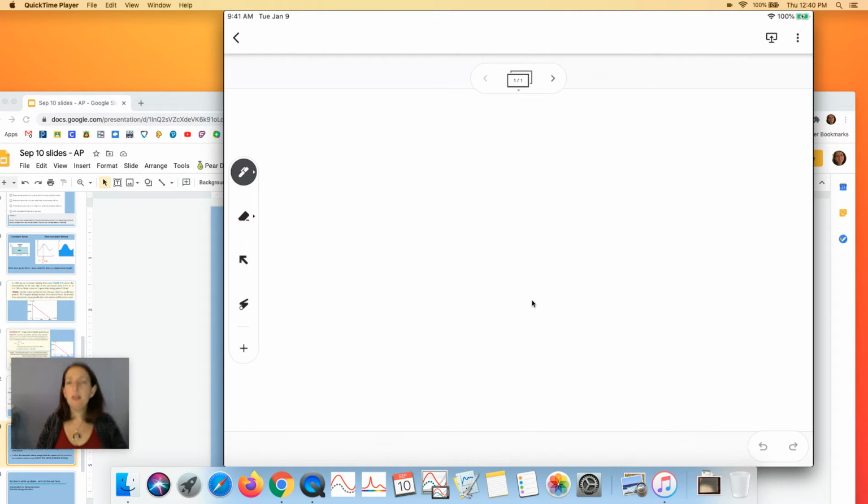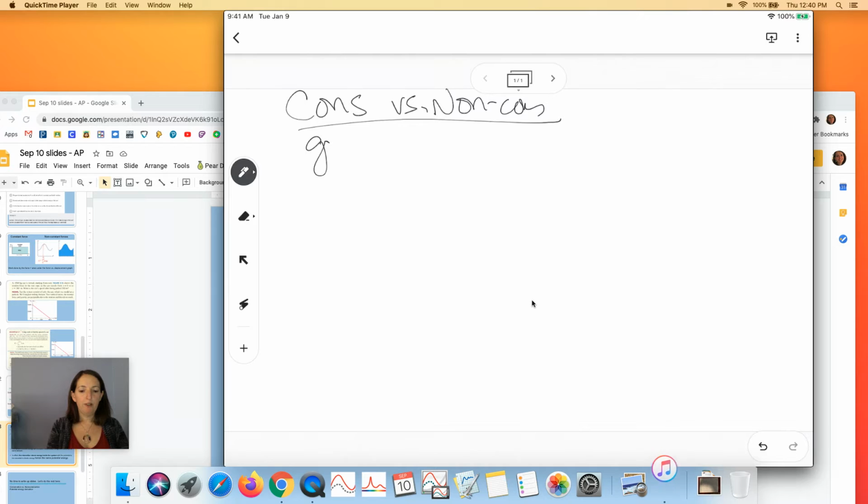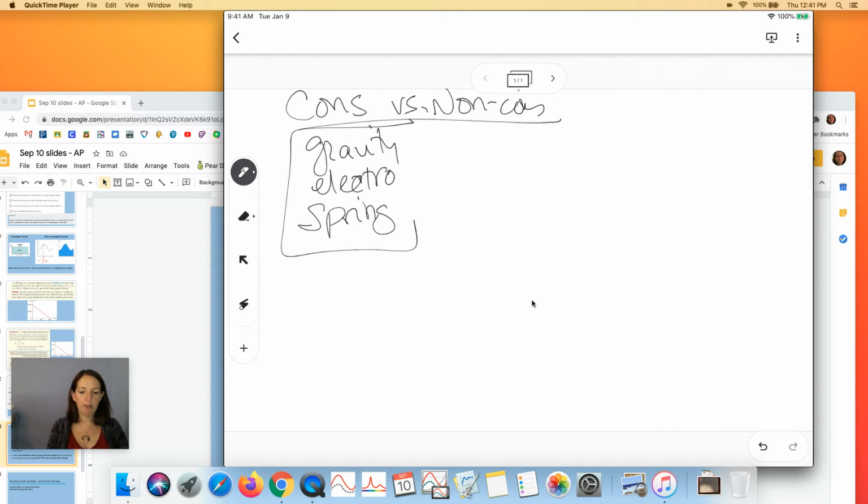So things I need to talk to you about: conservative versus non-conservative. Gravity, electrostatics, and spring force are all examples of conservative forces. Non-conservative forces are things like tension, applied forces, normal force, and friction.